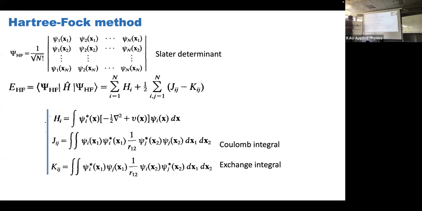What's the difference between them? Here I see one electron, psi complex conjugated E, and here is the same psi function, but for another electron in another position, x2. But then we exchange them. That's why it's called the exchange integral.